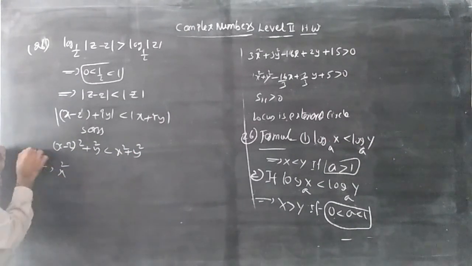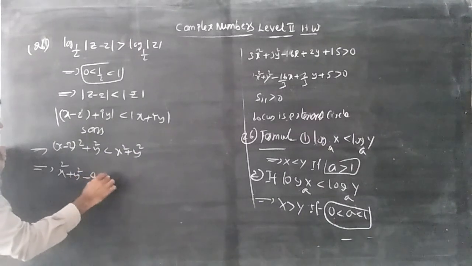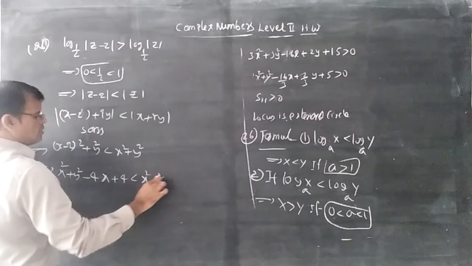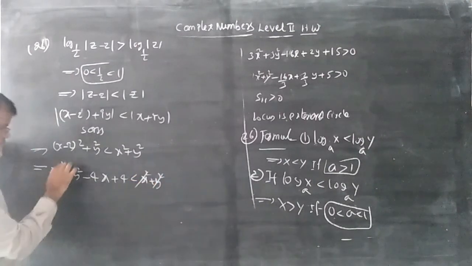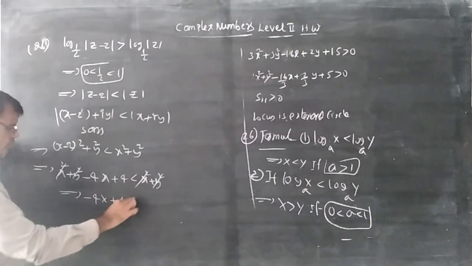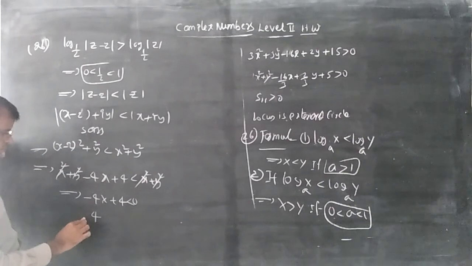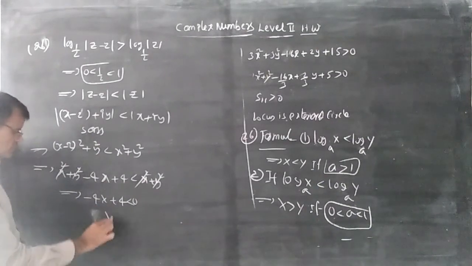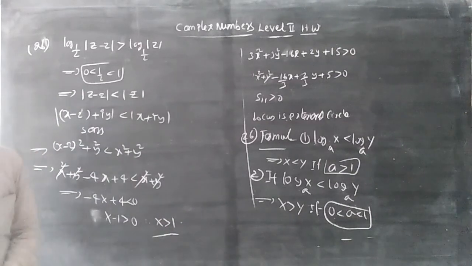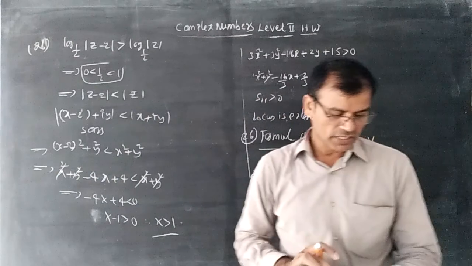Expand this one: x square plus y square minus 4x plus 4 is less than x square plus y square. These terms get cancelled. Minus 4x plus 4 is less than 0. If you multiply with minus 1 by 4, it becomes x minus 1 greater than 0. Therefore, the locus is x greater than 1. The locus is x greater than 1.